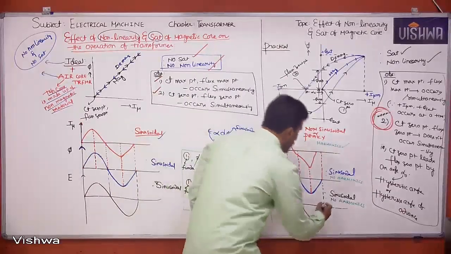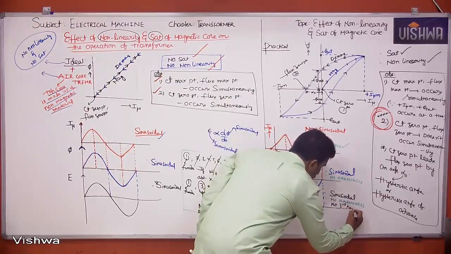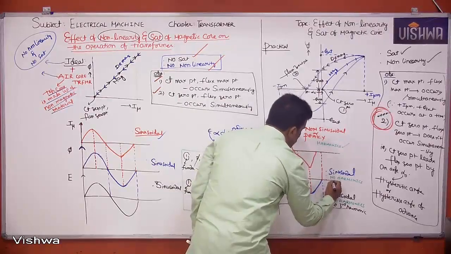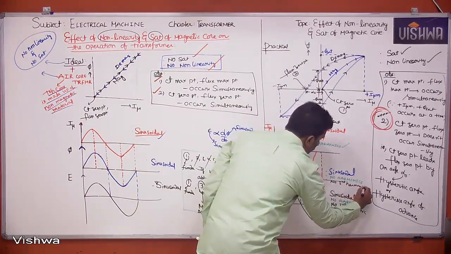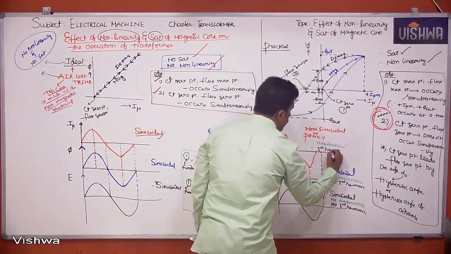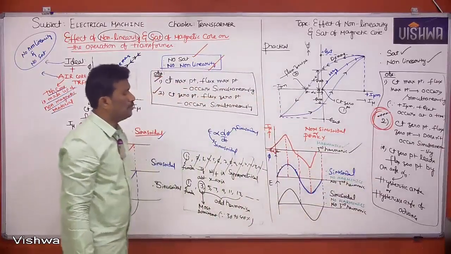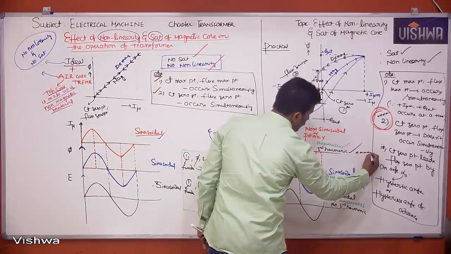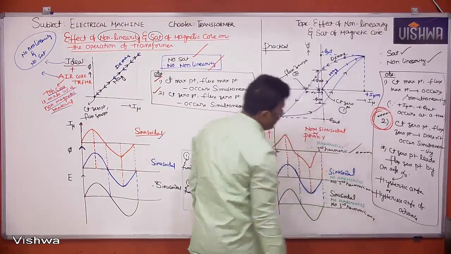So let me write here. If we don't want the third harmonic, that means there is no third harmonic here, also no third harmonic, whereas in the current waveform the third harmonic should be there. This point is very important. Observe, try to understand.